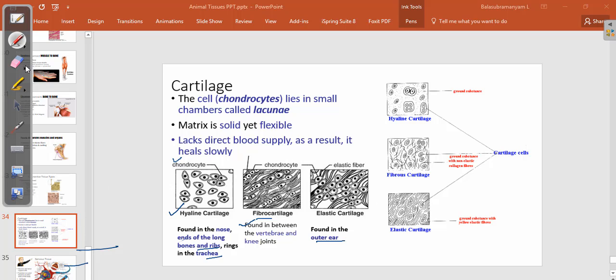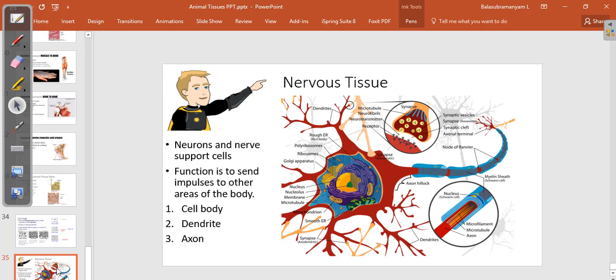Now we'll try to continue with the nervous system, or the neuron. Okay, here you can clearly observe the neuron structure. The different parts here: this region is called the cell body. And then you can see the stretching part is called the axon.